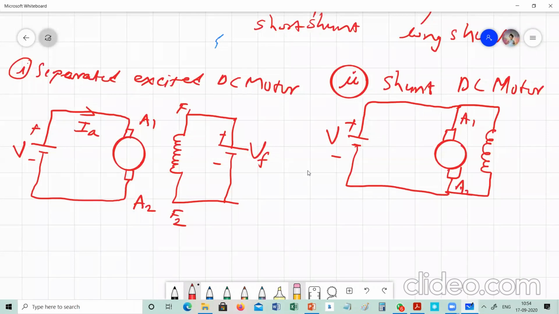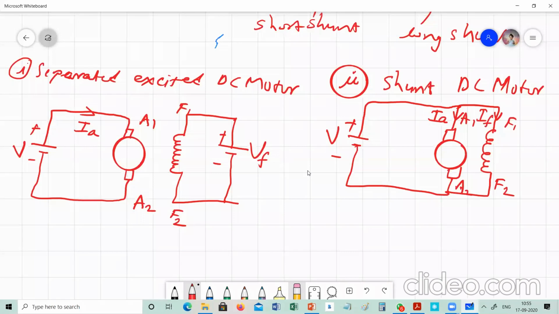The field terminals are F1, F2. The armature current is denoted by IA, and the field current by IF.